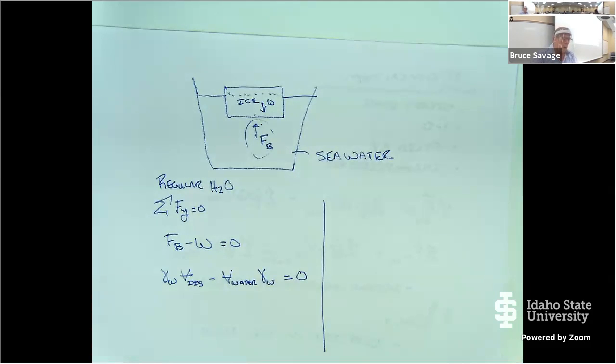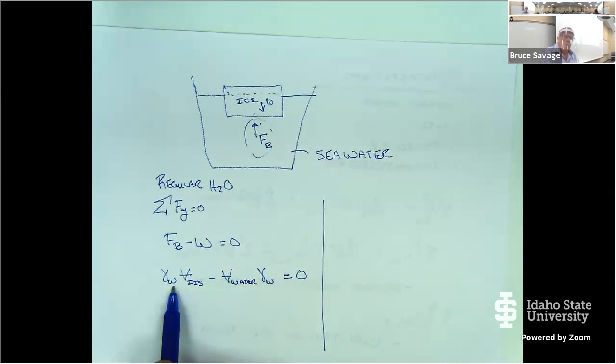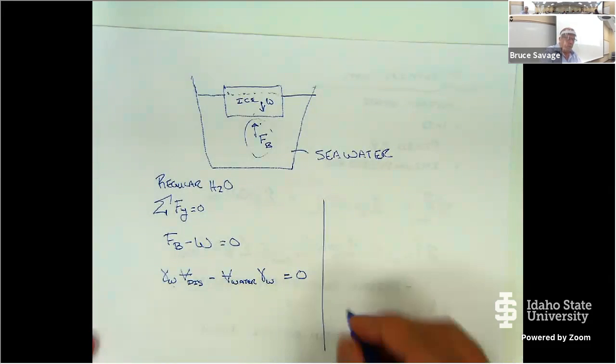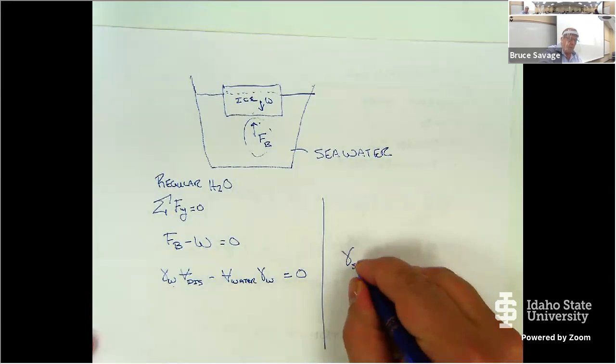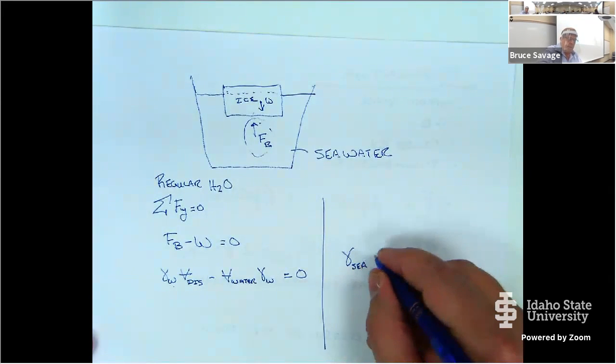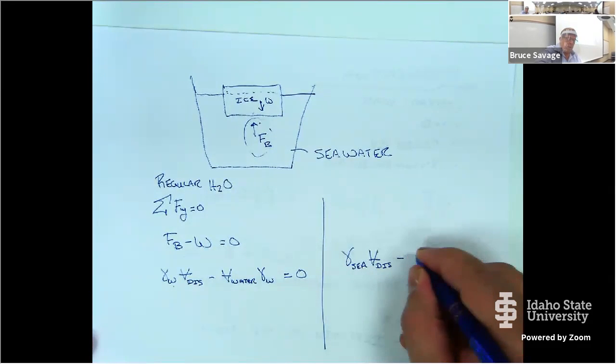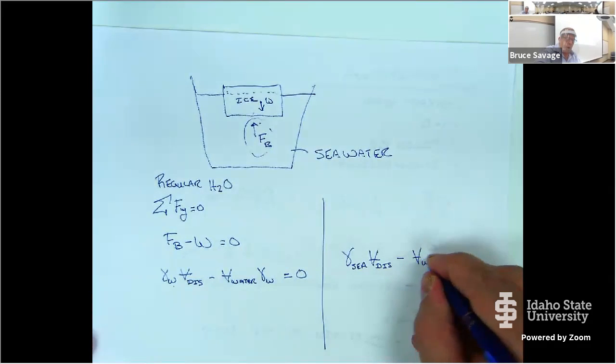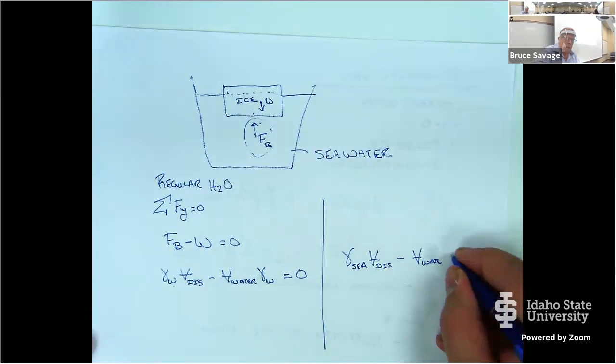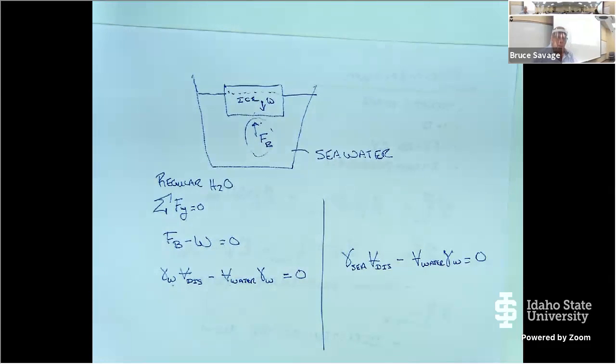Okay. So making that as a true statement, now we come in and say, all right, we're going to replace the water in here with seawater. So now it's gamma of seawater times the displaced volume minus the volume of water times gamma of regular water equals 0. Okay.